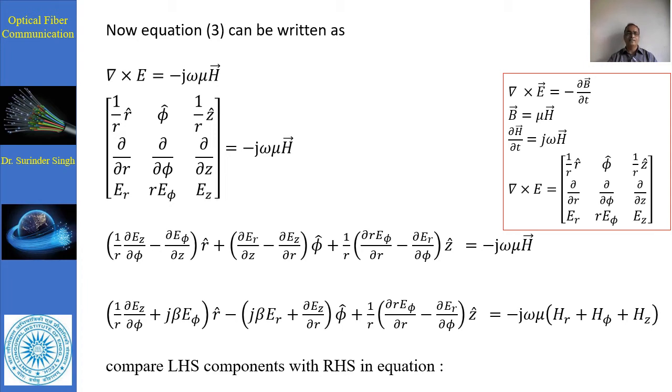The minus sign goes inside, so here we have taken the plus. Then for the phi component, d upon dr into E z with a negative sign, and another positive term with d upon dz into E r.